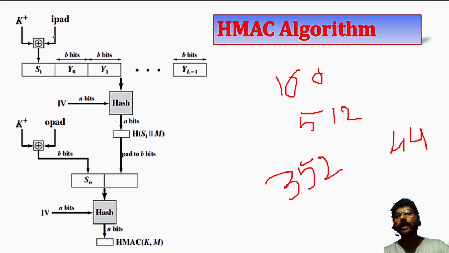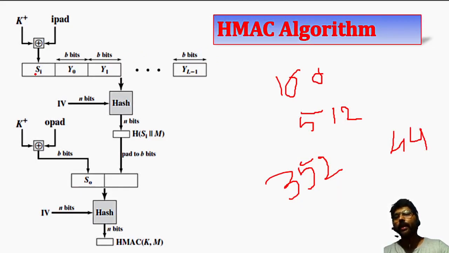Whatever key is generated here is XORed with the IPAD. Once you XOR with the IPAD, you get b bits of output. That output is nothing but Si. And this Si is appended with the message. I already divided that message into a number of blocks, each containing b bits.